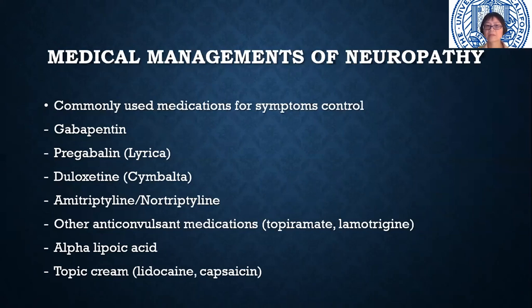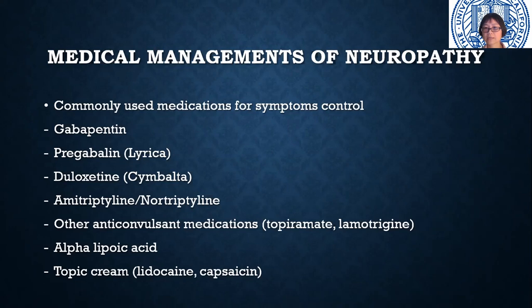We also have certain medications that could help neuropathy symptoms, like gabapentin and pregabalin, Lyrica, which are the first-line treatment for patients with neuropathic pain. Duloxetine is an antidepressant, the commercial name is Cymbalta, and it is also used to treat neuropathic pain.